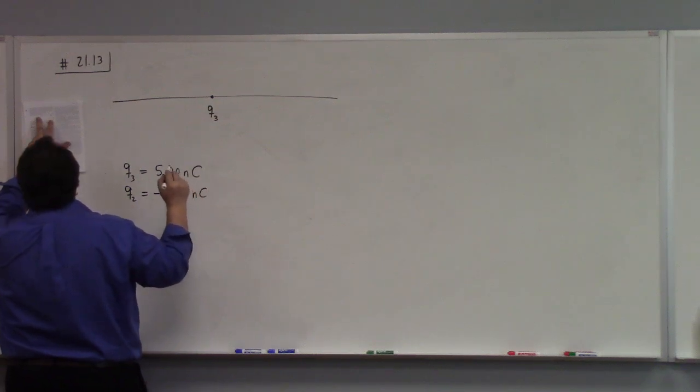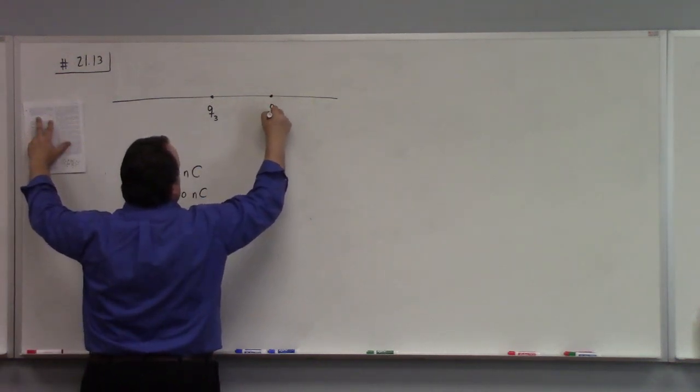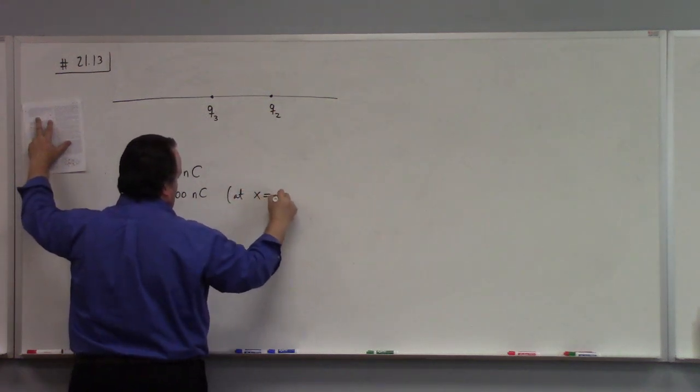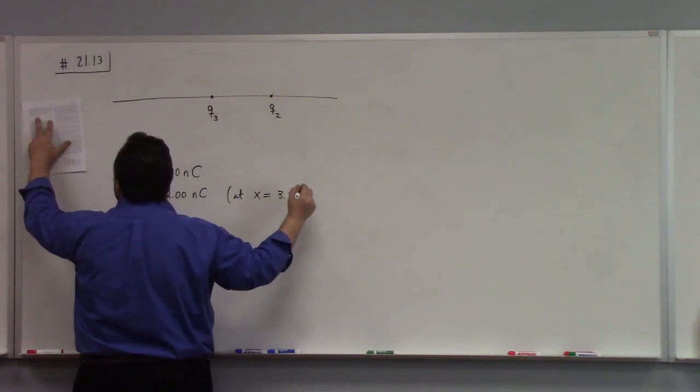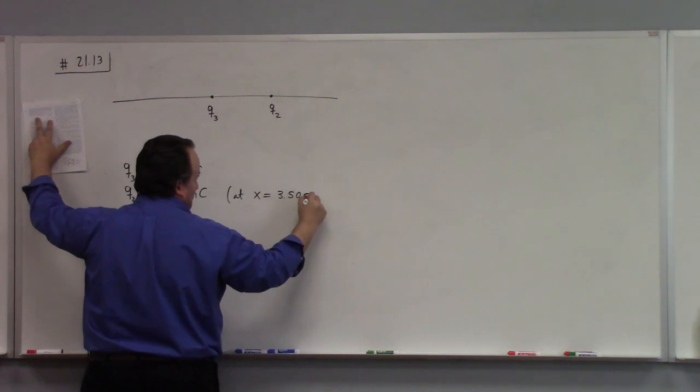Where is that? It's at x equals plus 3.50. What units did they put on us here? Centimeters. Got to watch out for the multipliers.